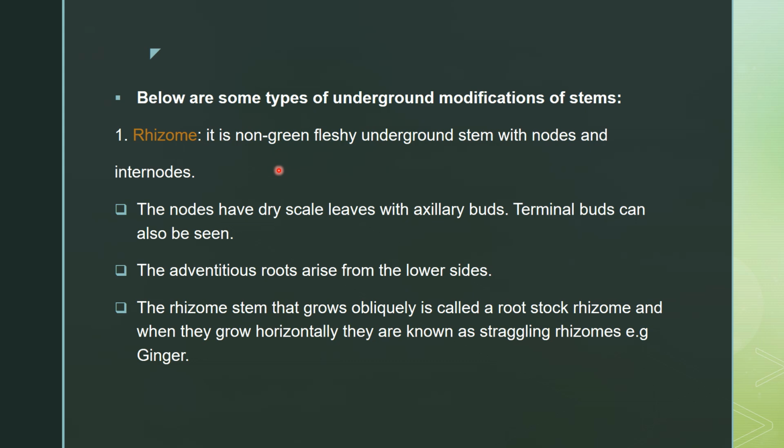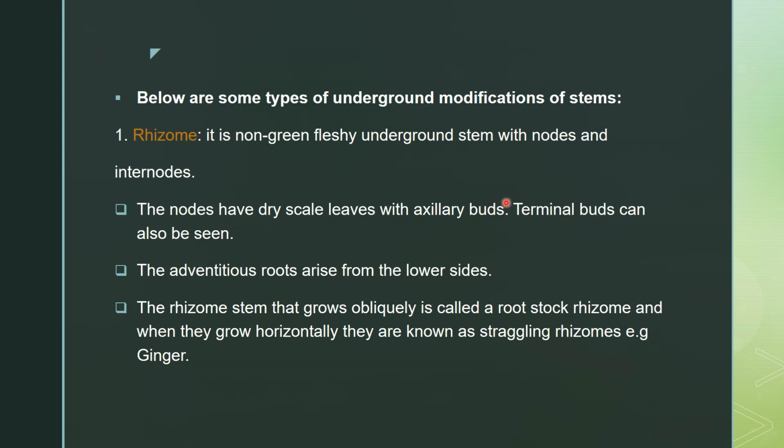Okay, so the rhizome is a non-green, fleshy underground stem with nodes and internodes. At the nodes there are dry scale leaves with axillary buds.